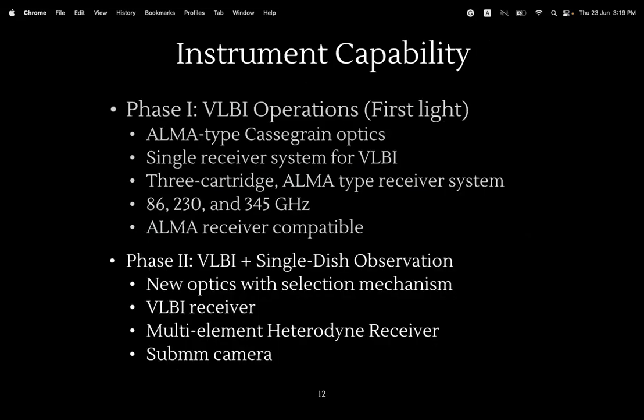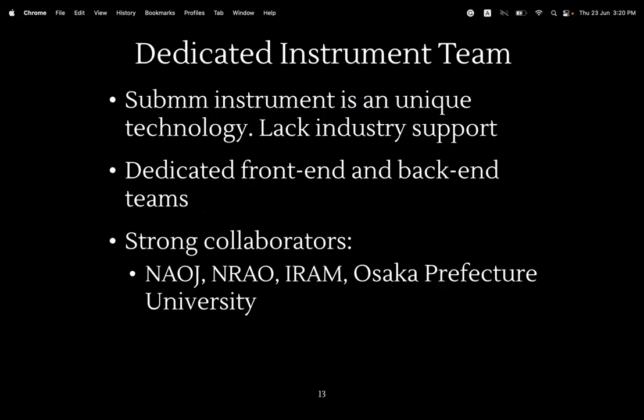So now, after we have finished phase one, we have 3 receiver bands, 3 cartridges. The next step, during these recent few years, is that we have time to develop newer receiver bands, newer cartridges. That's our strategy of approaching this. The experience we learned is that sub-millimeter instrumentation is difficult to come by.